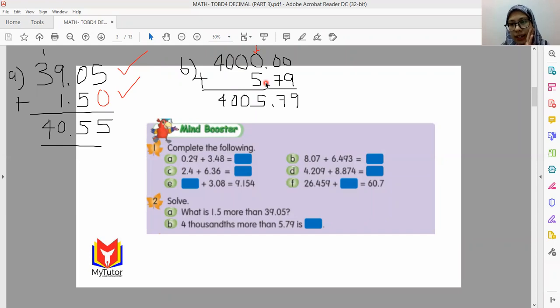Hannah, can you follow? Do you understand now why I'm putting 5 here, not at other places? Because of the digit. So just add the 400 to 5.79 and then you get 0 plus 9 is 9, 0 plus 7 is 7, 0 plus 5 is 5.